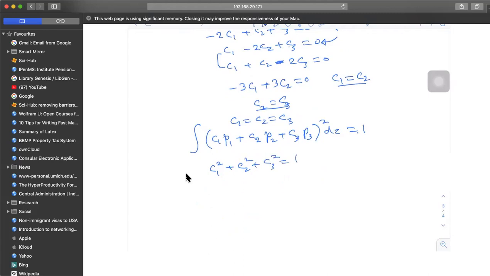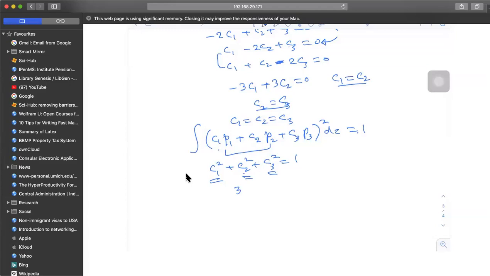Why? Because the cross terms involving P1 and P2, remember, the overlap integral between P1 and P2 is assumed to be 0. Therefore, none of the cross terms actually contribute, and the only terms that are there are C1 square, C2 square, and C3 square. They must add up to give you 1. But they are all equal, so C2 is equal to C1 and C3 also is equal to C1.